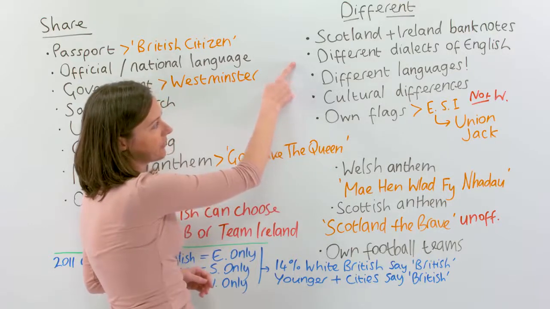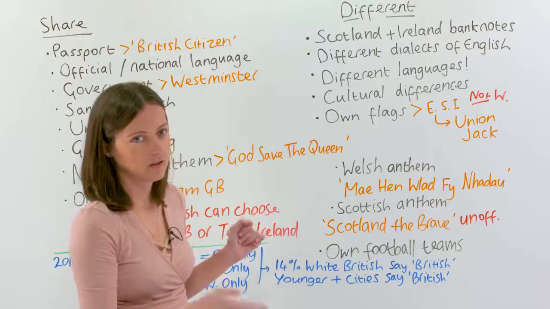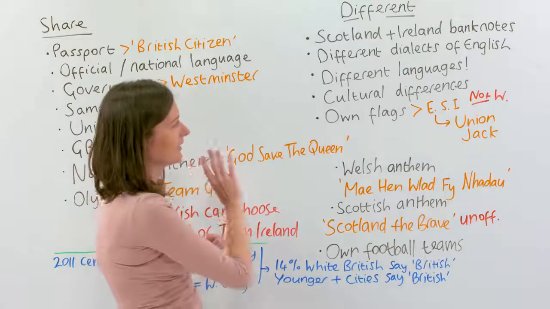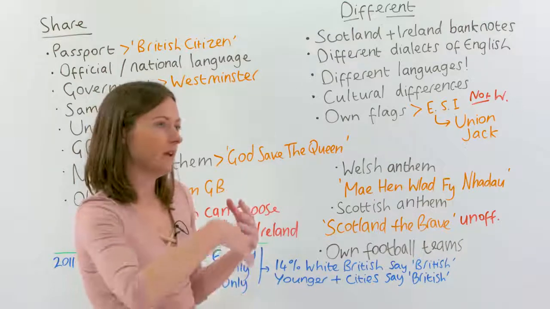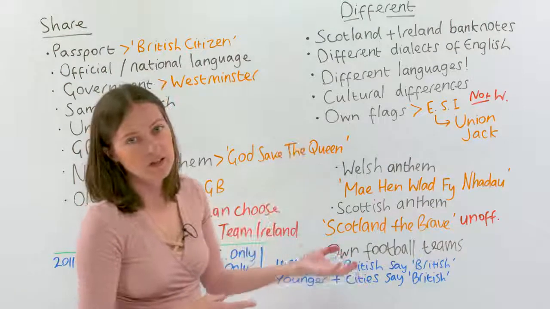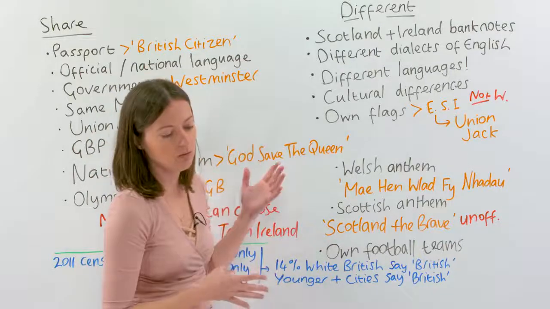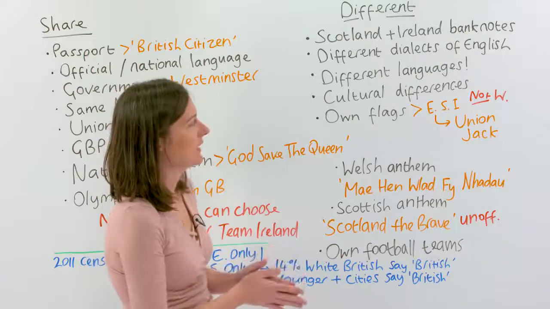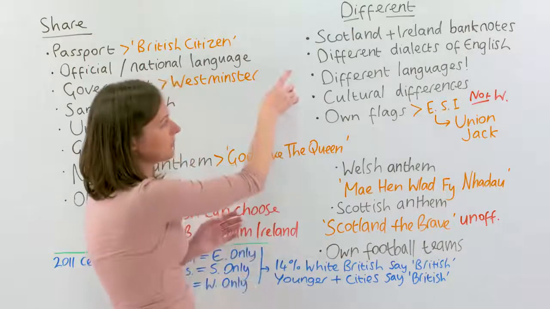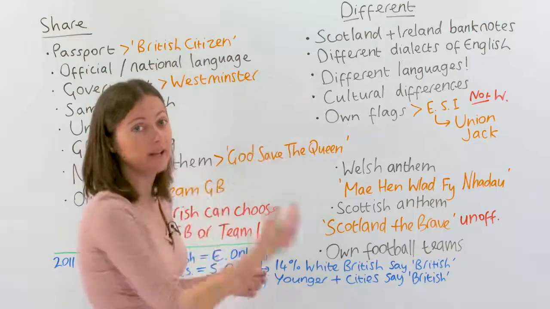What's different also is, okay, we all speak English, but the dialects can be so different that if you're speaking to somebody up in Scotland, or you're speaking to someone in Northern Ireland or Wales even, they can sound so different. It's like a different dialect of English. But in some cases it's also a different language.